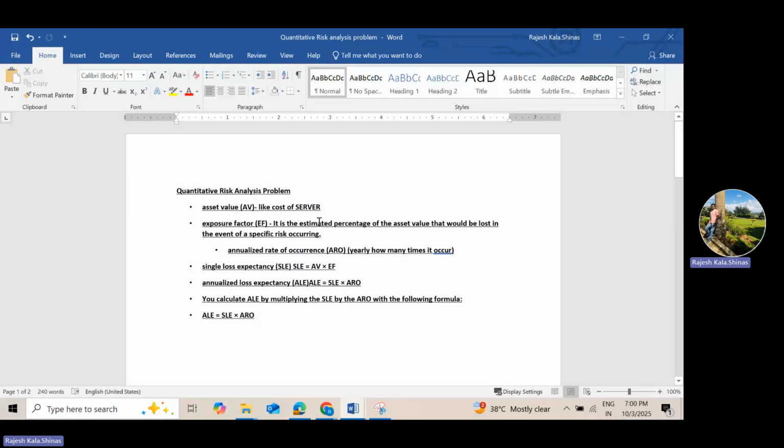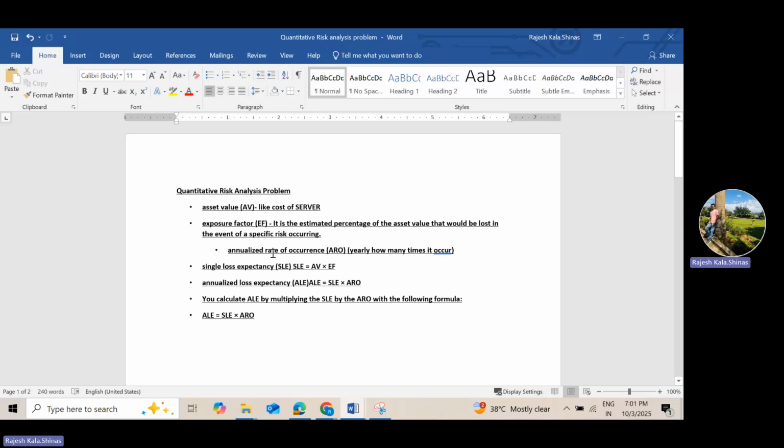It is the estimated percentage of asset value that will be lost in the event of a risk. If a risk occurs, like flood or earthquake, how much percentage of asset value will be lost? It will be a percentage, 50%, 20%, 30%, maybe 100%.